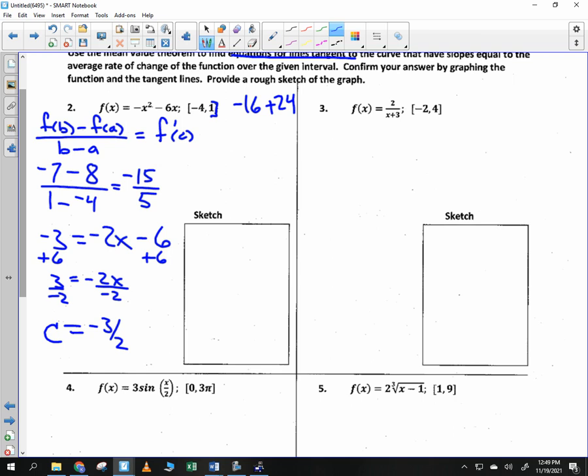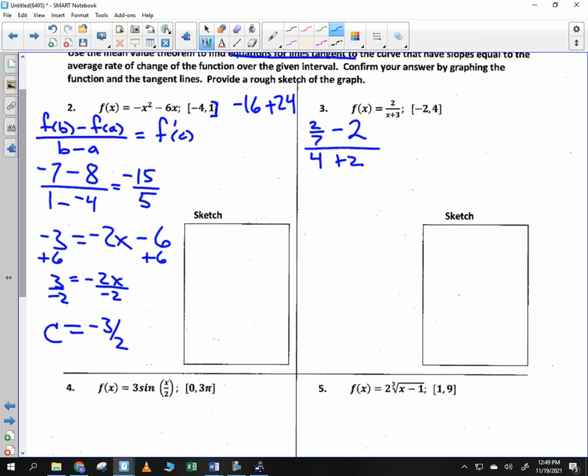F of B. Plug in B. What do you get? 2 over 7 minus... everybody agree negative 2? Or is it positive 2? So it's a minus 2, divided by 4 plus 2.